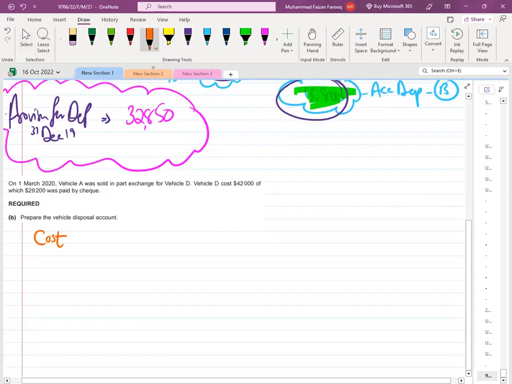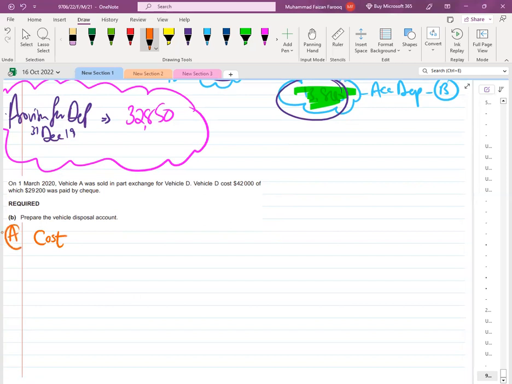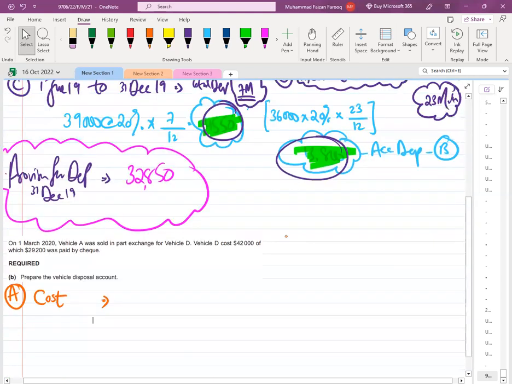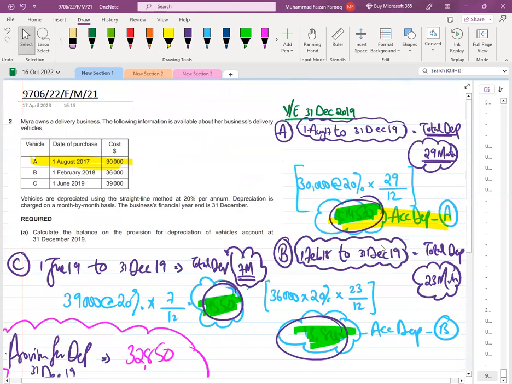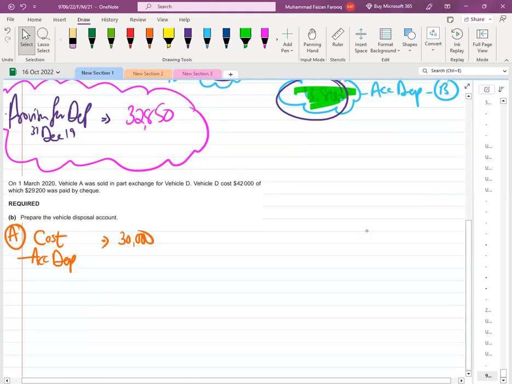The cost of vehicle A was 30,000. Very carefully, the provision for depreciation is 14,500.